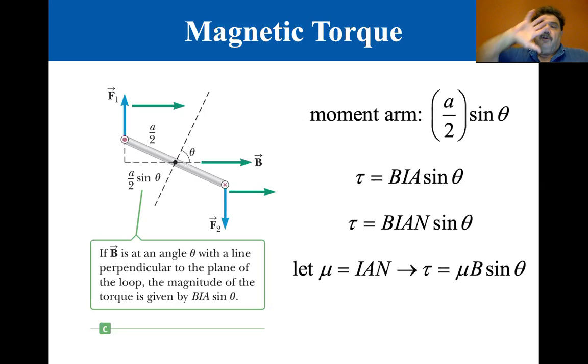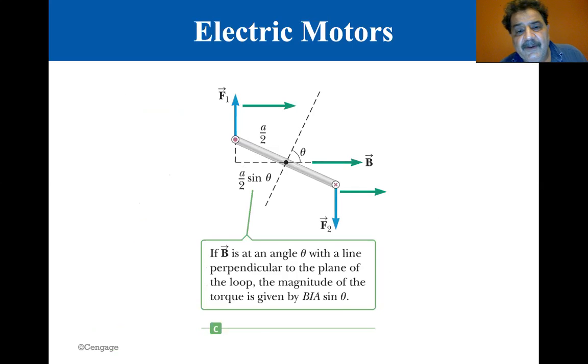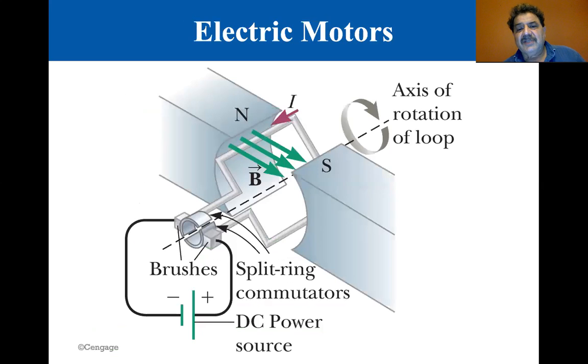If we reverse the current, then the magnetic moment would point down. So torque is equal to mu B sine theta, where mu is I A, the current times the area times the number of turns. If B is at an angle theta with a line perpendicular to the plane of the loop, the magnitude of the torque is given by BIA sine theta.